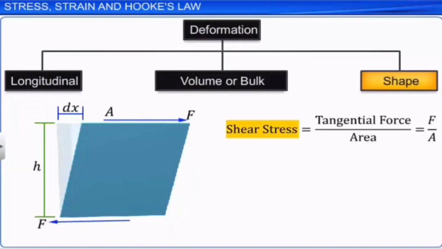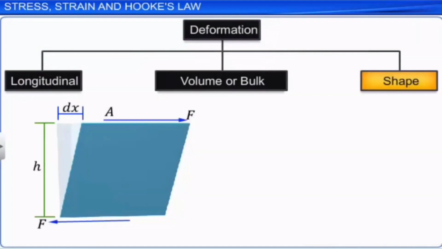For small angles, tan gamma is nearly equal to gamma, and hence, for practical purposes, we consider gamma equal to dx by h. This gamma is the shear strain of the material of the body and is expressed in radians. The dimension perpendicular to the faces under the action of deforming forces rotates through a small angle gamma. The shear strain is equal to the value of gamma expressed in radians.